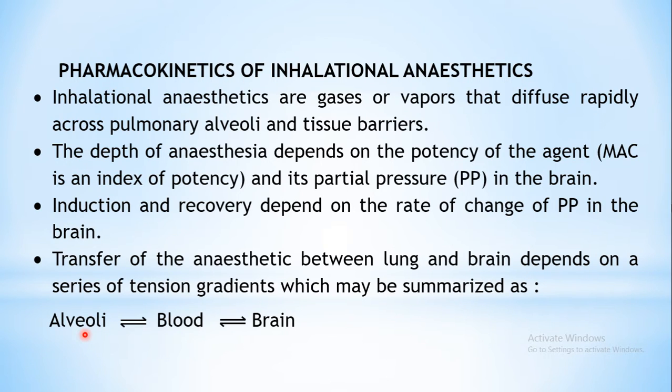From the alveoli it will easily cross the membrane depending upon its basic property. It will cross this alveolar wall and reach the blood. That's how the gaseous exchange of oxygen and carbon dioxide also takes place. In the same way, your general anesthetic also will cross this alveolar wall and reach your blood circulation.